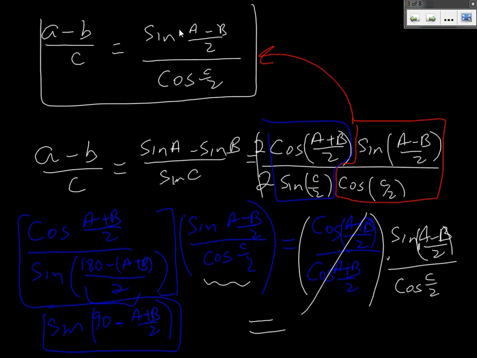And this cancels out, and we get the sine of (a minus b) over 2, all divided by the cosine of c over 2. And there it is, done. We proved both Mollweide's rule and the alternate Mollweide's rule, or theorem, excuse me. That completes this part of the lecture.